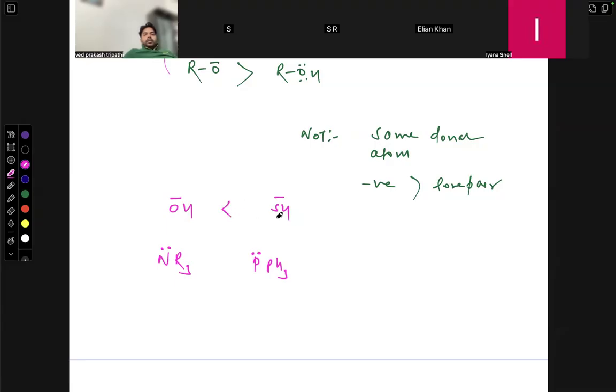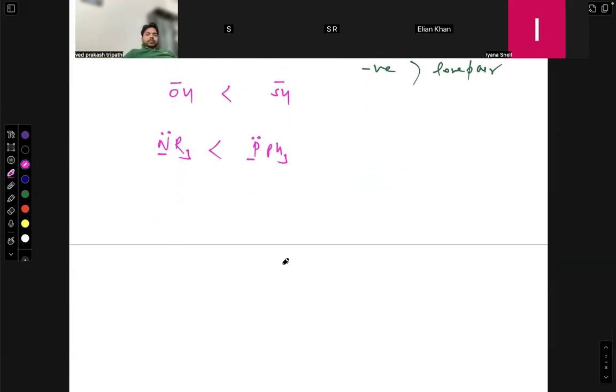So sulfur has bigger size. Make sense? What about this? Nitrogen and phosphorus belong to the same group. Phosphorus is below nitrogen. So bigger size of phosphorus. Make sense?